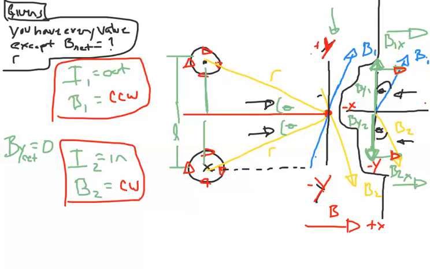So if we wanted to generically write an equation for B1x, it would essentially just be B1 sine theta, because it's opposite of the Bx component, and it'd be the same thing for B2. B2x is also going to be, but it's B2 sine theta. Let me write that better.